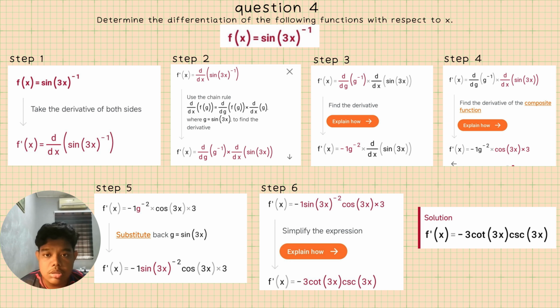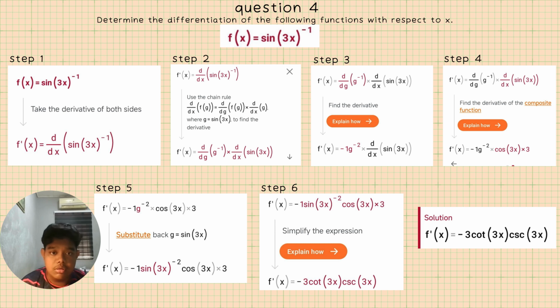You will get d/dx of f(g) equals d/dg of f(g), my bad, multiplied by d/dx of g. So g is equal to sin 3x. So you will get f prime x equals d/dg of g to the power of negative 1, multiplied by d/dx of sin 3x.